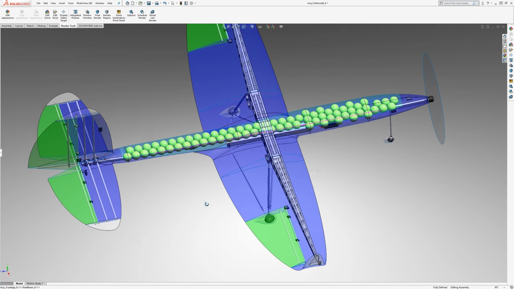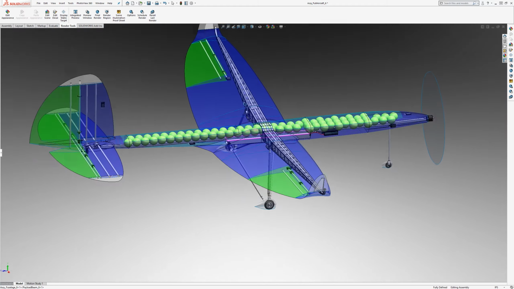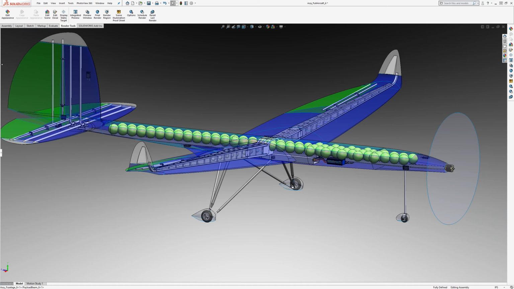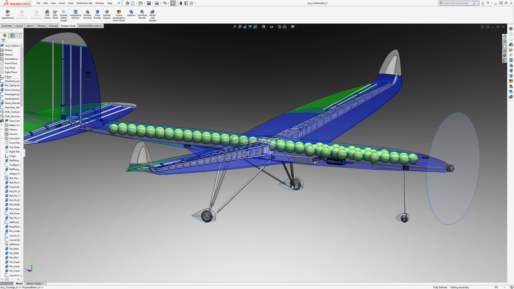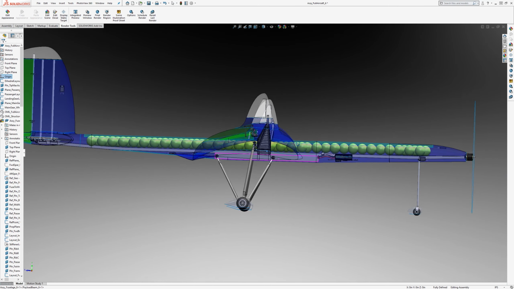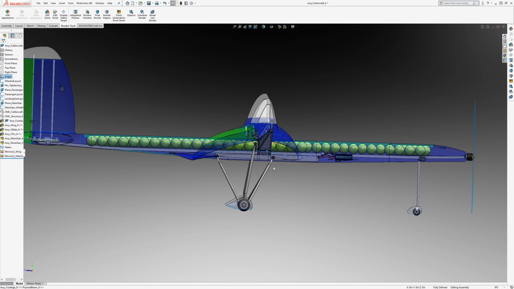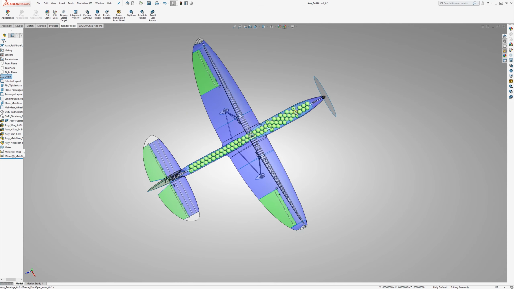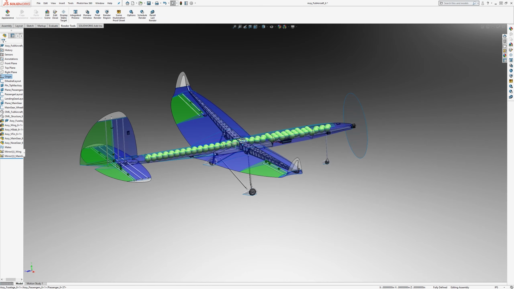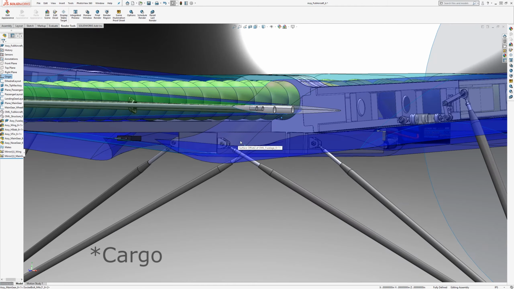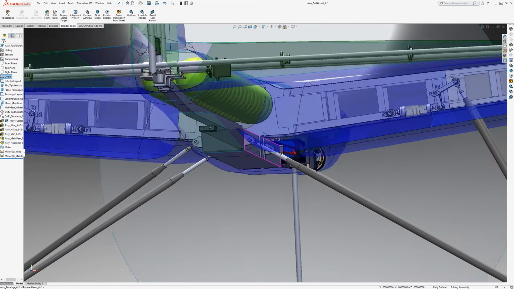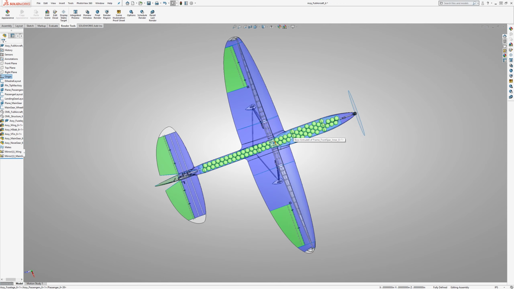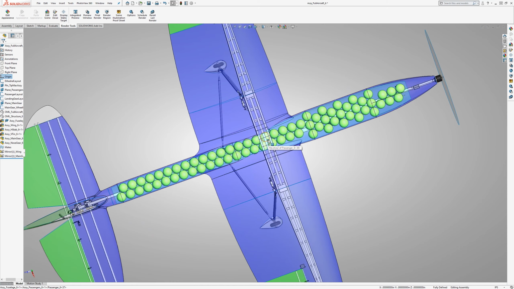What I've done in this design is I've designed the origin to be the CG. So as I'm putting in, you can click on the origin, as I'm putting in any components, for instance, the passengers and the payload that goes inside this beam underneath, those will be designed so that their CG is at the origin.